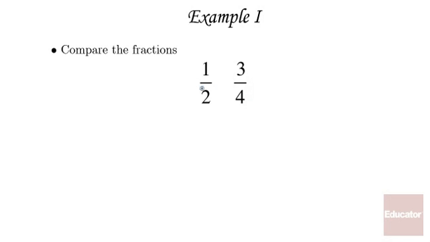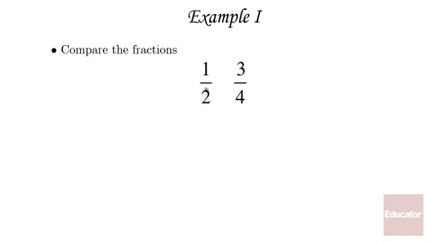Or I can make these denominators the same. Try to make them the same, an equal number of parts. That way we can just compare the number on top. Okay? So 1/2. I can change this 2 to a 4 because 4 is a multiple of 2.